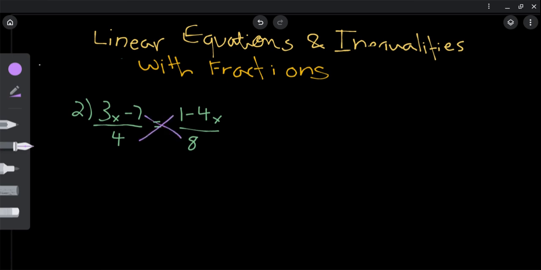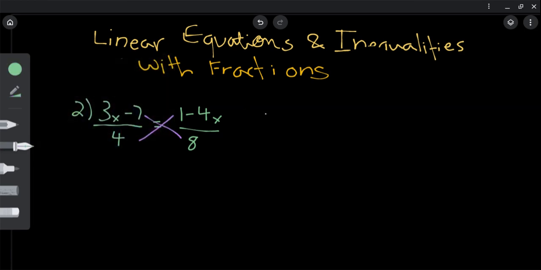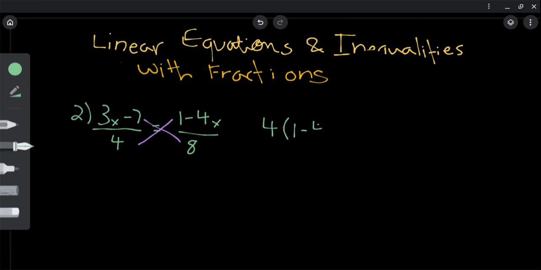All right, so we have 4 times 1 minus 4x equals 8 times 3x minus 7.